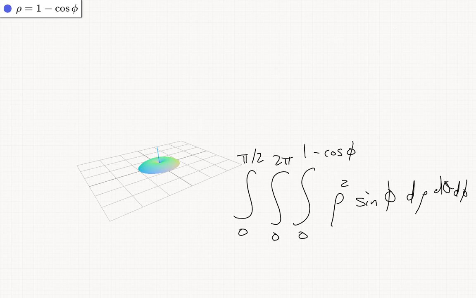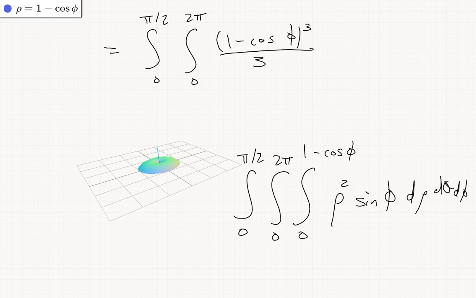So this becomes integral 0 to pi over 2, integral 0 to 2 pi of 1 minus cos phi cubed over 3 times sine of phi, and then d theta d phi. And since theta is a constant, this will just give us a 2 pi in front.